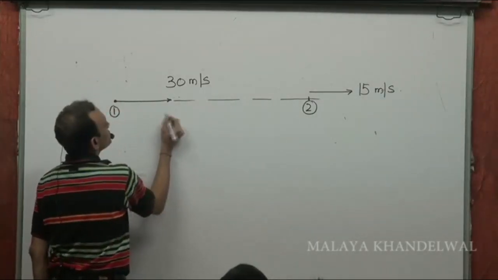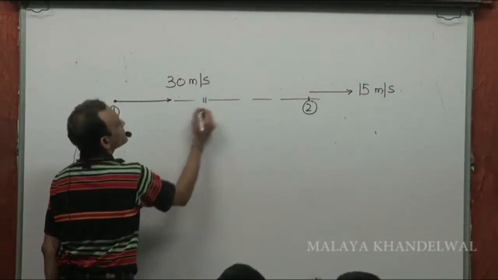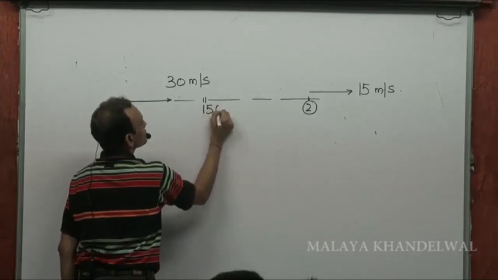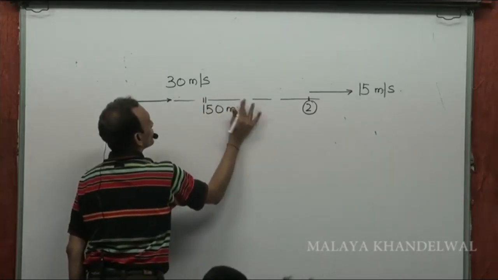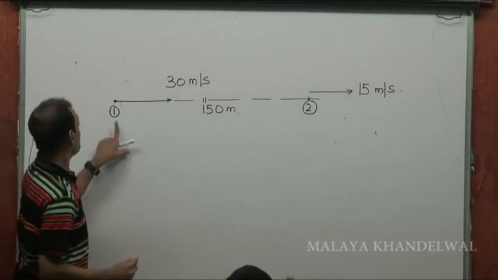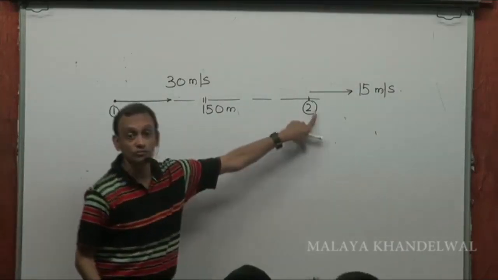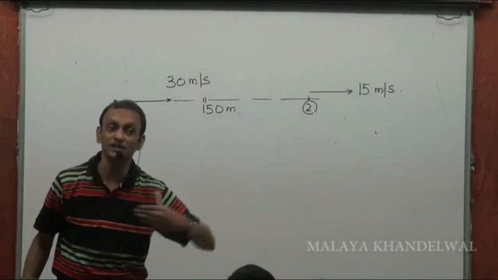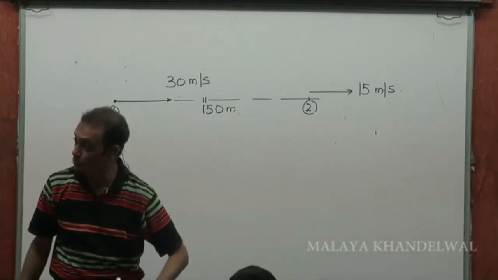And the separation between the two particles is, say, 150 meters. Right? And I want to find the time. See, 1 is moving faster than 2. So 1 would eventually catch up with 2.